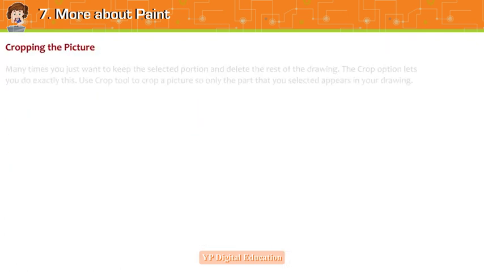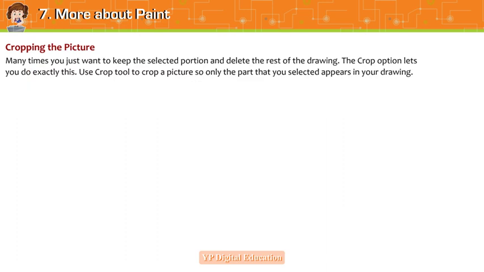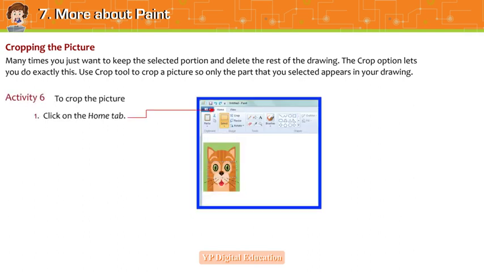Cropping the picture. Many times you just want to keep the selected portion and delete the rest of the drawing. The crop option lets you do exactly this. Use the crop tool to crop a picture so only the part that you selected appears in your drawing. Activity 6. To crop the picture. 1.